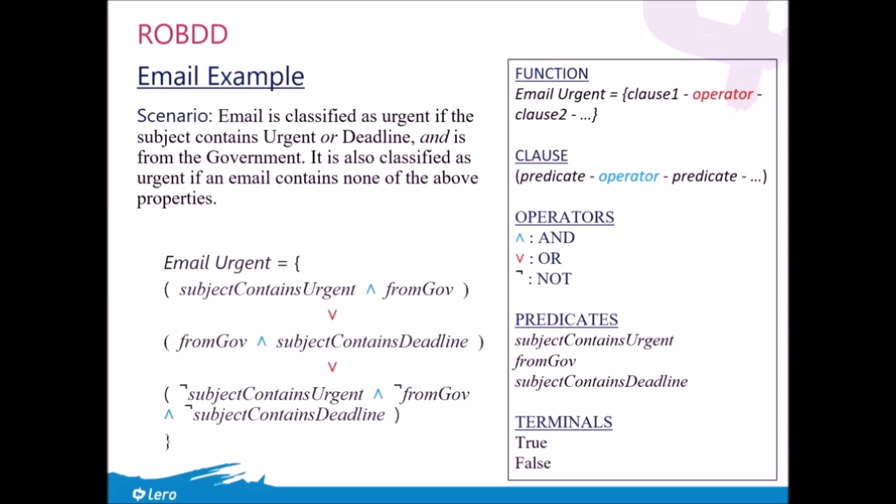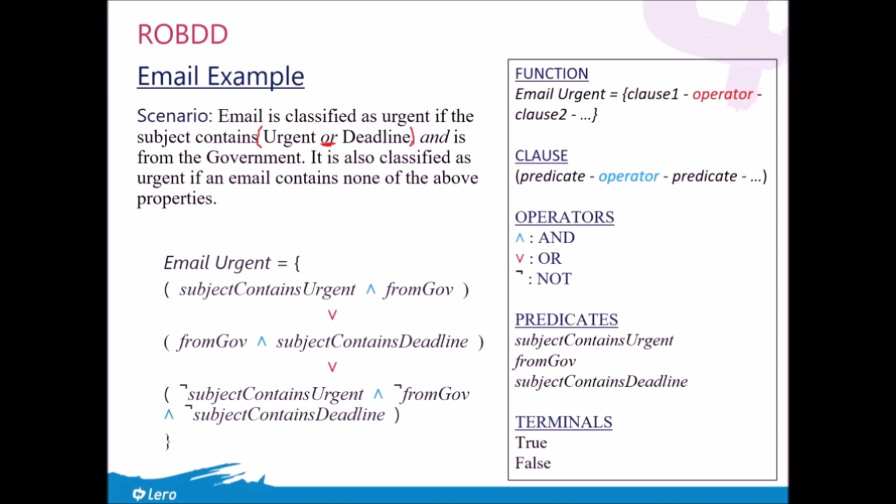Our predicates in this case, so let's go through our example. Email is classified as urgent if the subject contains urgent or deadline. So we can put brackets around that and say, this is a clause, because we found an operator, or.